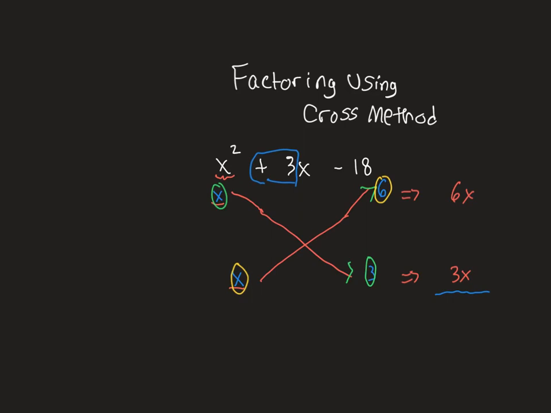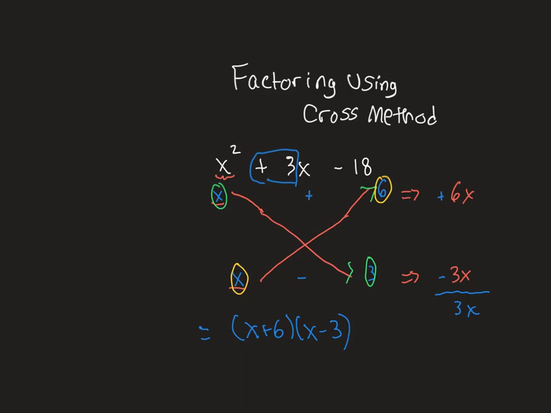Well, I would have a plus 6 and a minus 3, because 6 minus 3 is 3. So then you just put your symbols in. So I want to have a plus 6 and a minus 3, in which case my two factors would be x plus 6 and x minus 3.